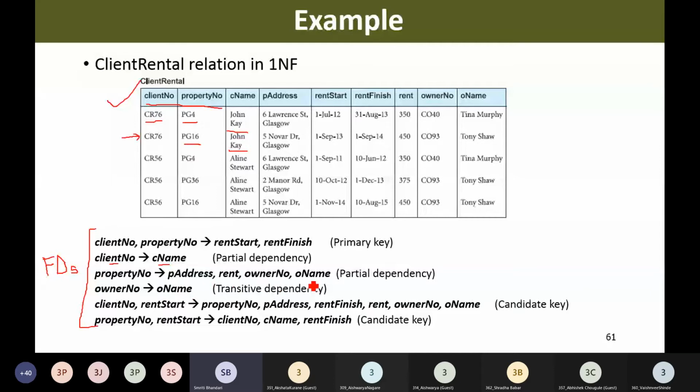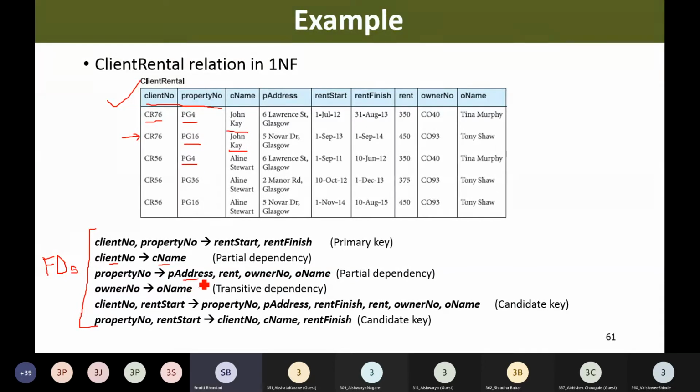So we may come up with this dependency, client number determining client name. Similarly, property number determines property address, rent, owner number and owner name. If I repeat the property number, see here, PG4 gets repeated.